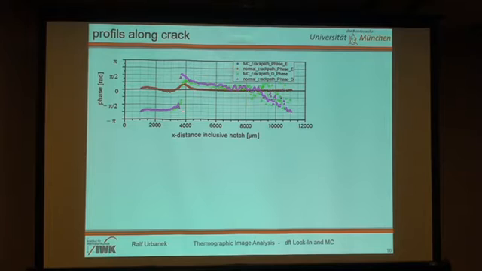phase shift between the area where the crack is and behind the crack of nearly 180 degrees, or of pi. So that the area in the crack is in counter shift to the area behind it. So we assume that the crack must be maybe there.